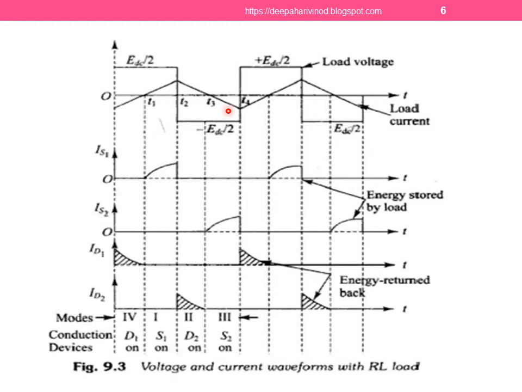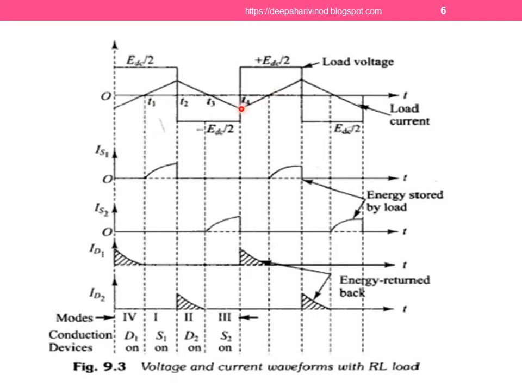Conduction period of the switch: for purely inductive load, a transistor conducts only for T by 2 period, or 90 degrees.